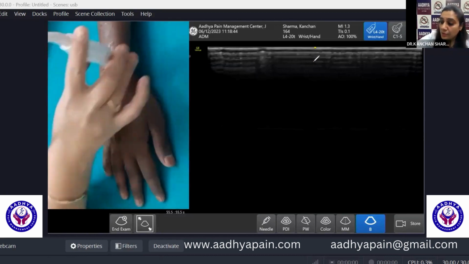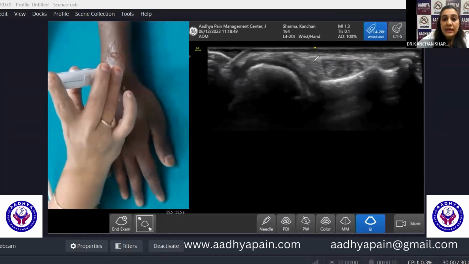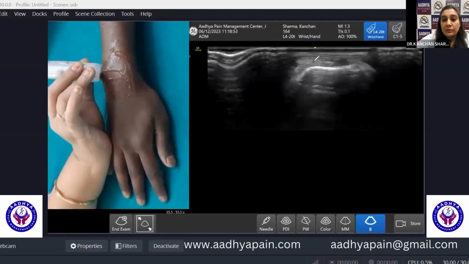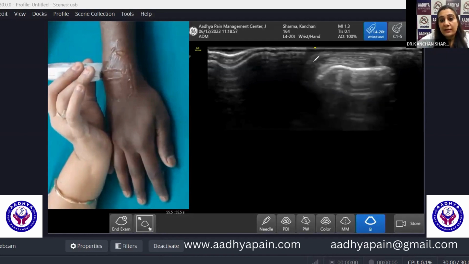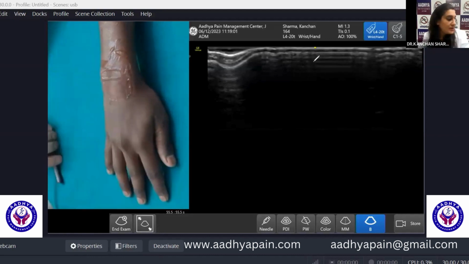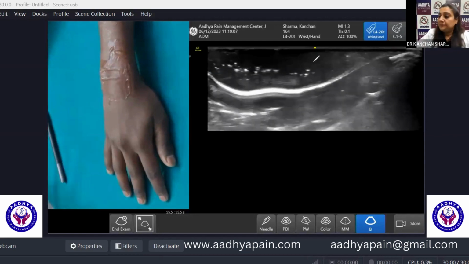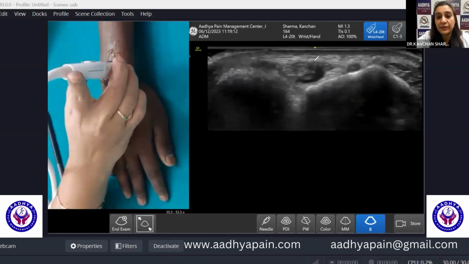Now, to identify the sixth compartment, you can move your probe towards the ulnar side, and you will be able to identify it. So let me apply some jelly so that I can show you in a proper manner. Okay, so we were here, right?